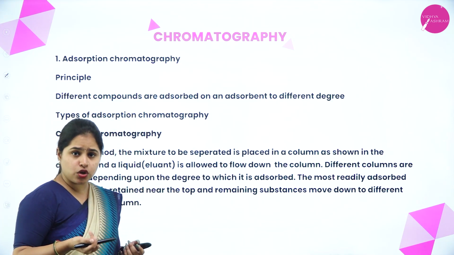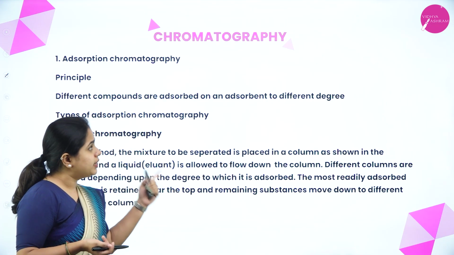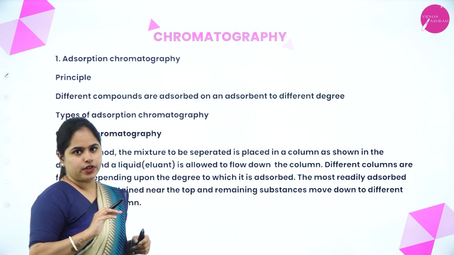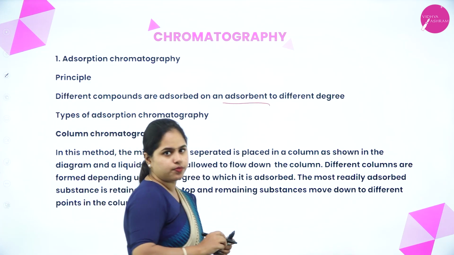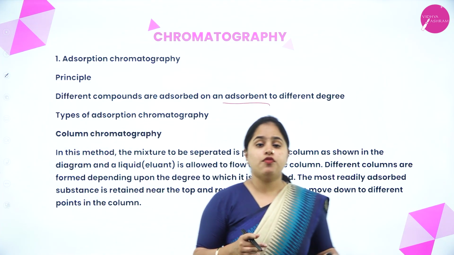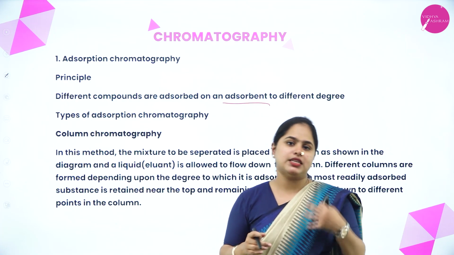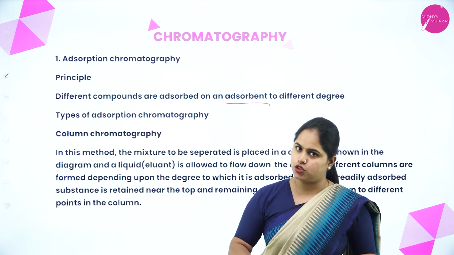Now it is based on the principle that different compounds are adsorbed on the adsorbent to different degrees. Okay, so the stationary phase is called the adsorbent and the mobile phase is called the adsorbate. Where the adsorption is taking place, that is the adsorbent, and what is getting adsorbed, that is the adsorbate.